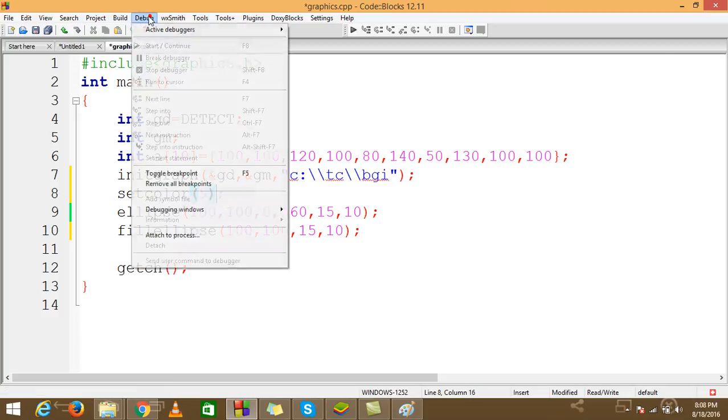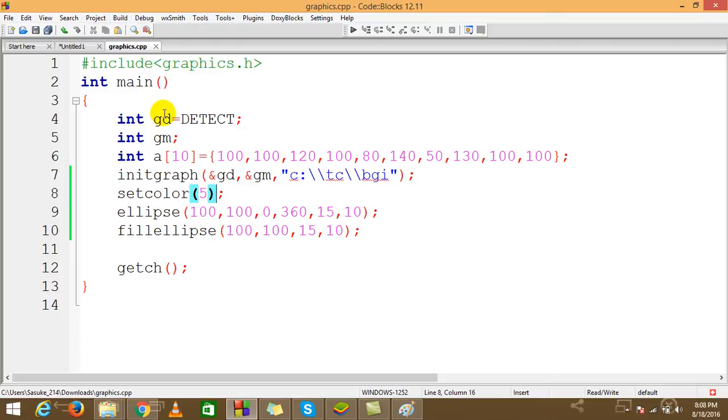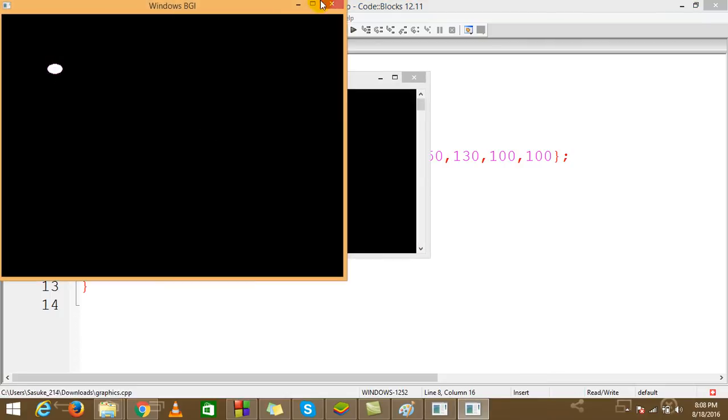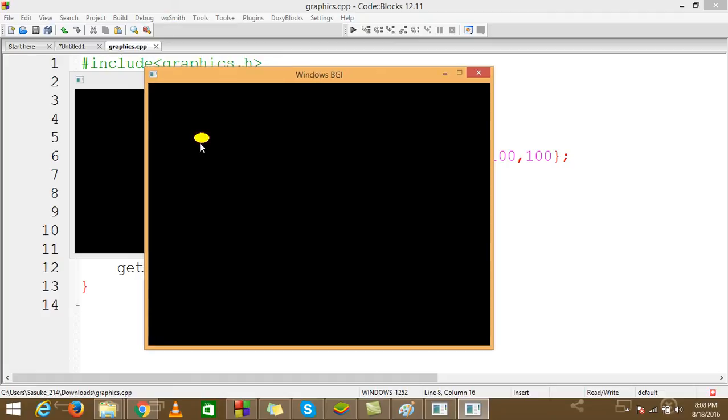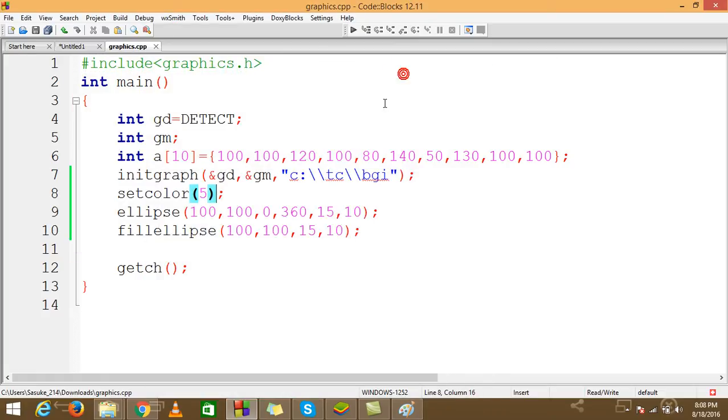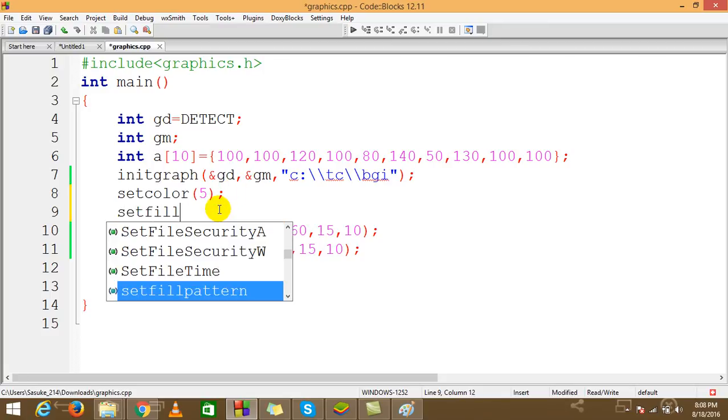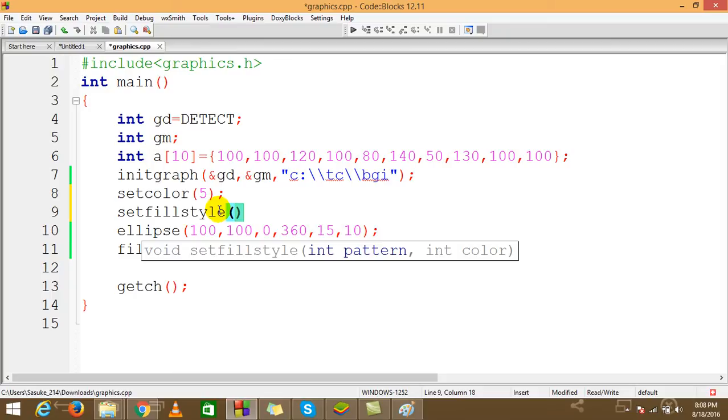Okay, now it has got white inside because we kept the color but we have not given its fill style. So for that we are using the function setfillstyle, giving a pattern of 1 and color of 5.